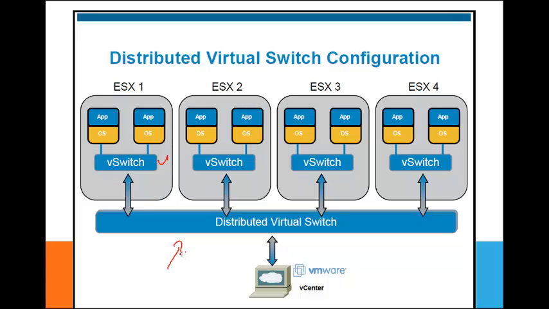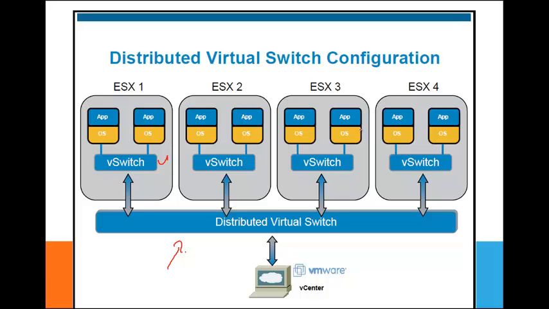When we make changes on one vSwitch, it can be automatically sent to the other vSwitches. The distributed vSwitch, DVS, automatically applies the change to the individual switch on each VM ESXi host.